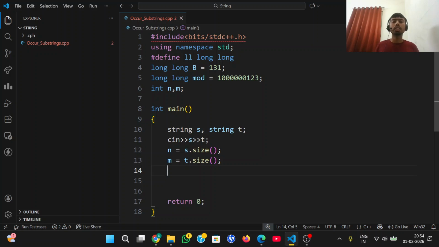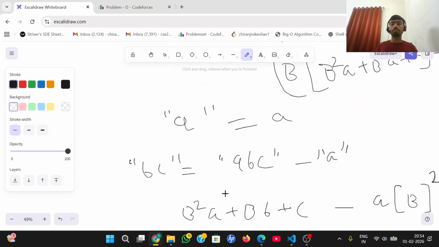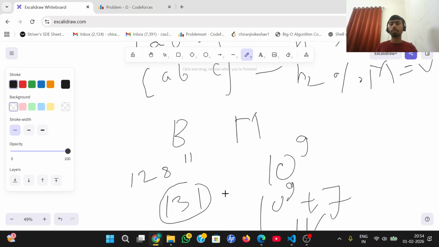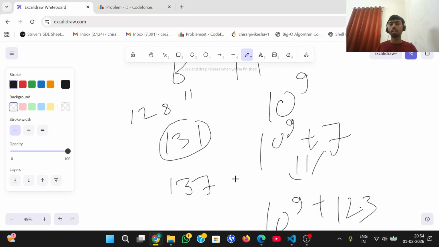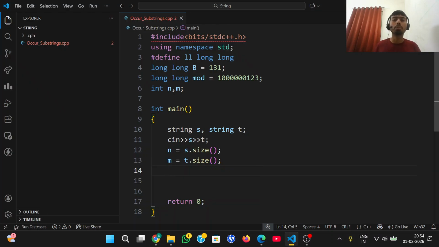Here you can see I have taken mod as 10 to the power 9 plus 123, which is the same modulus as given here, and another value is 131 and 137. Okay, so the base value is 131.